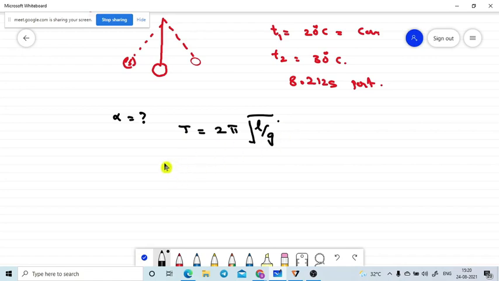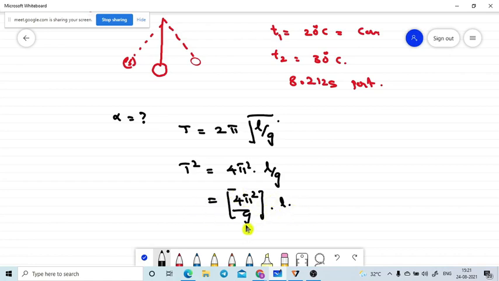This formula you need to know. If I square this, T squared is equal to 4 pi squared into L by g. These 4 pi squared divided by g are all constants.